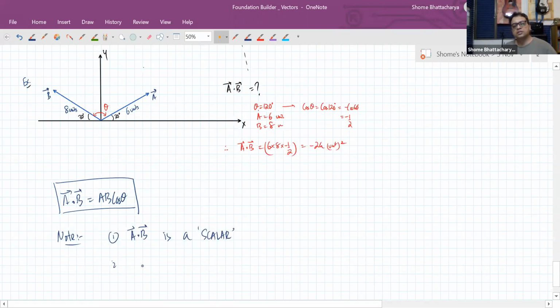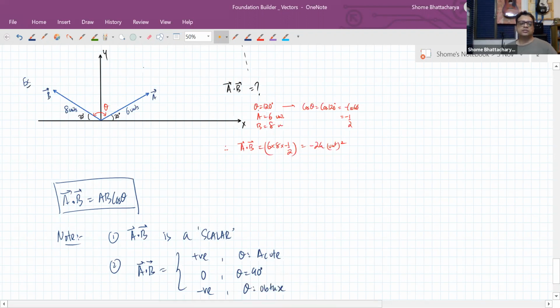Secondly, A dot B is equal to a positive quantity if theta is acute. It is 0 if theta is 90 degrees. And it is negative if theta is obtuse. So it can be a scalar which is either positive, negative, or 0 according to the angle. So that's the important thing.